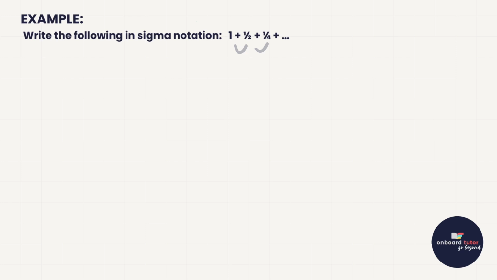We'll take term 2 divided by term 1, so that's a half divided by 1, which is a half. Let's see if it's the same with term 3 divided by term 2. So that's a quarter divided by a half, and if we do that, we'll end up again with a half. You can check that on your calculator. So that means we've got a constant ratio of 1 over 2.